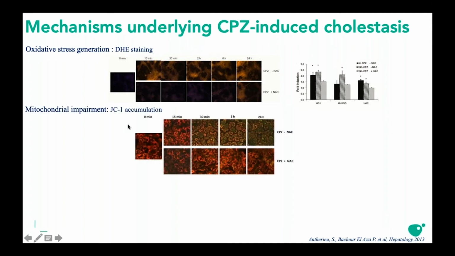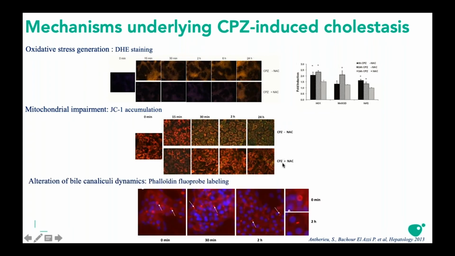ROS generation was associated with altered mitochondrial membrane potential, as evidenced by the green color of JC-1 within the hepatocytes. This impairment was prevented by NAC co-exposure. Pericanalicular distribution of F-actin was disrupted, and constriction of bile canaliculi was evidenced as early as 30 minutes.